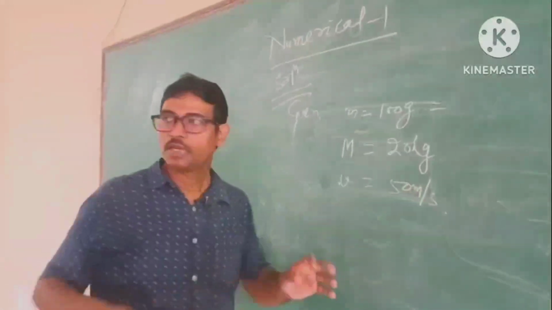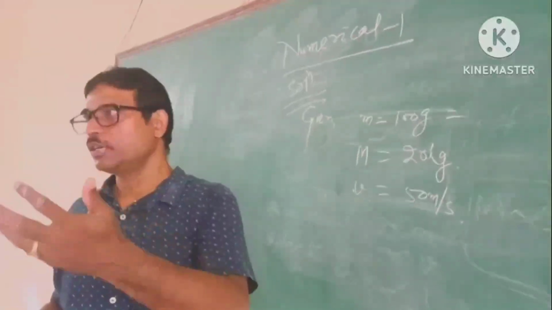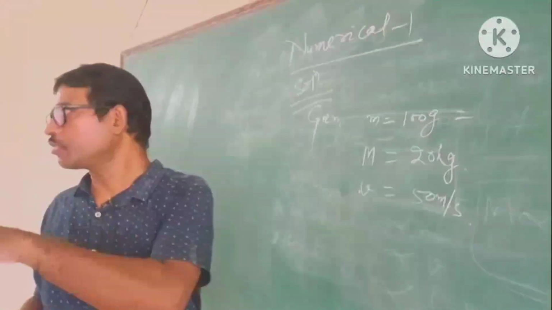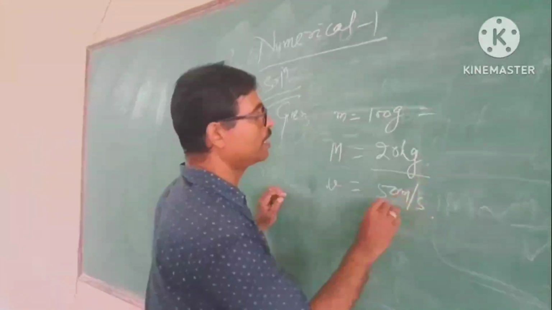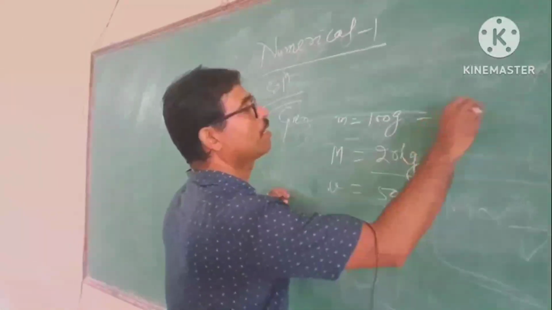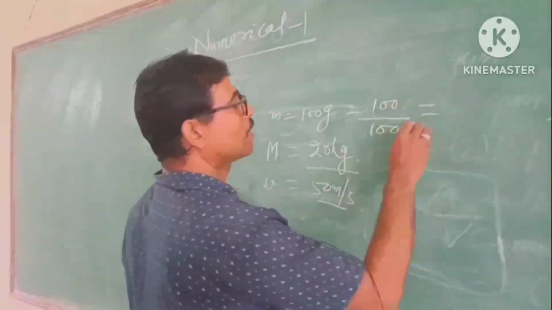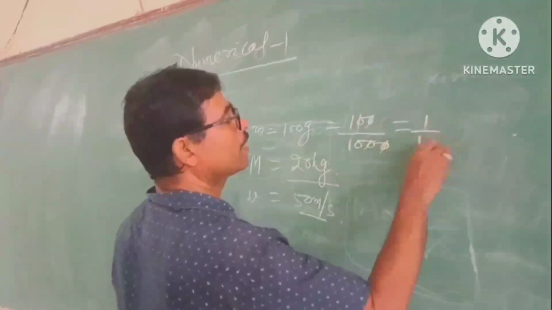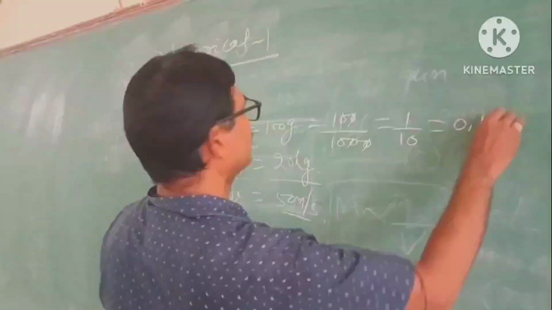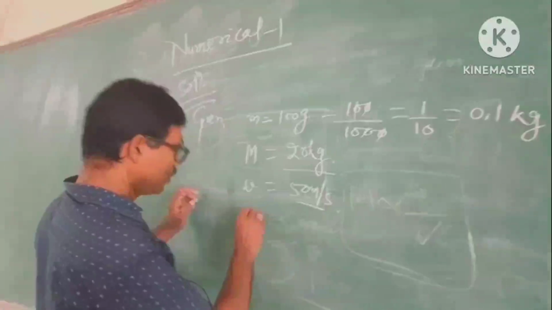For numericals I have already told you what steps are required. Convert to SI units: 100 gram divided by 1000, how much? It cancels to 1/10, that means 0.1 kg.